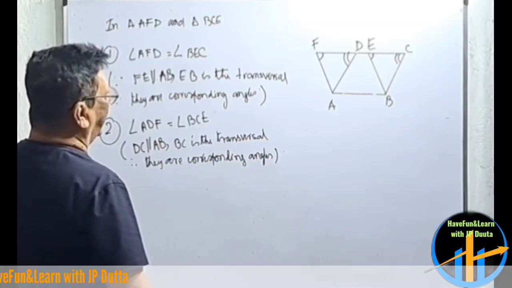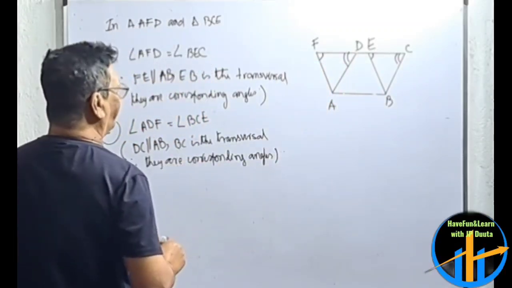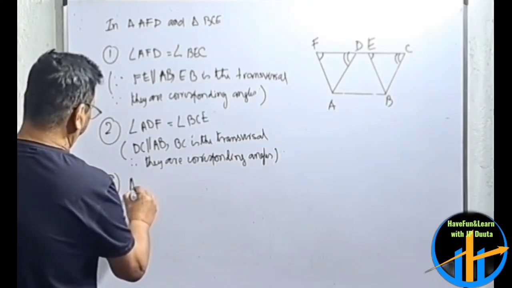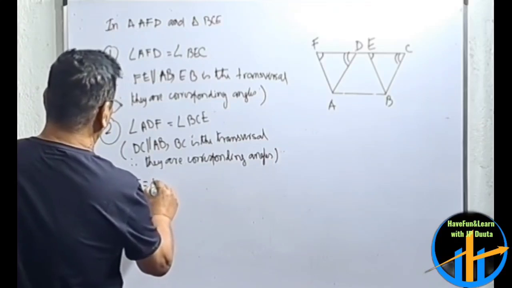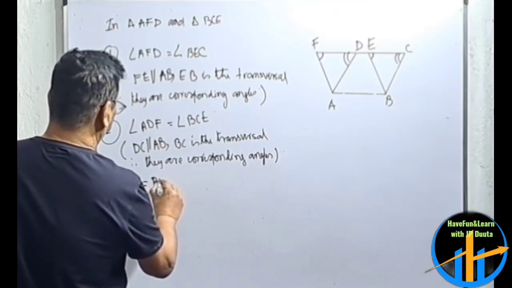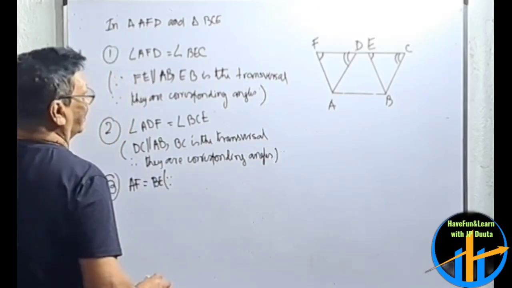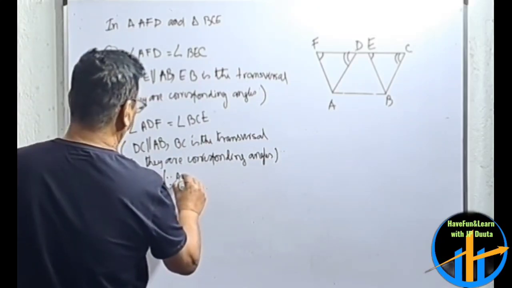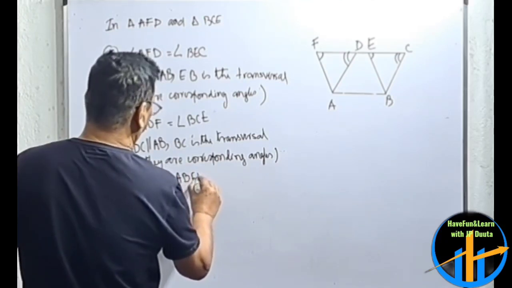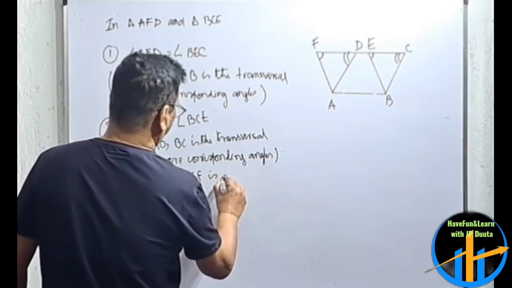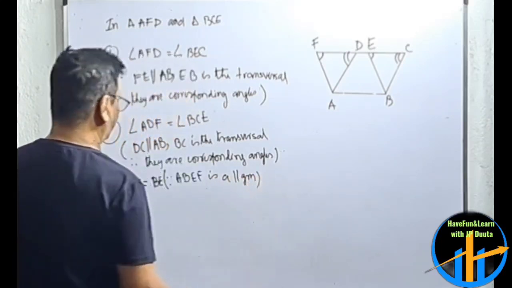Number 3. See, ABEF is a parallelogram. Therefore, AF is equal to BE, because ABEF is a parallelogram. Right?